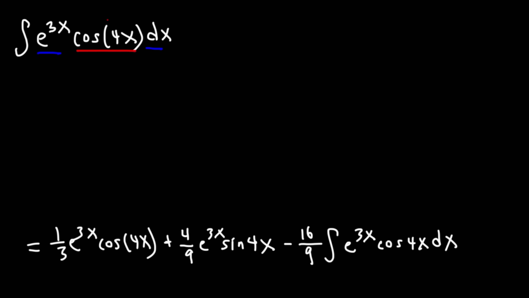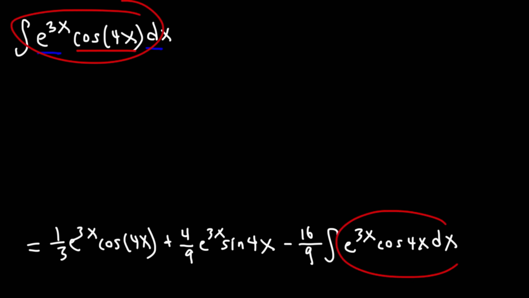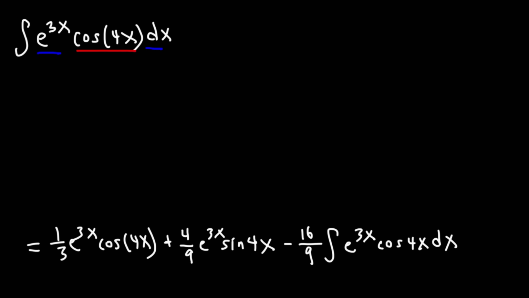Now notice that these two are similar. So we're going to add 16 over 9 integral e to the 3x cosine 4x dx to both sides. So this is 1, but we can treat it as if it's 9 over 9, just to get common denominators.